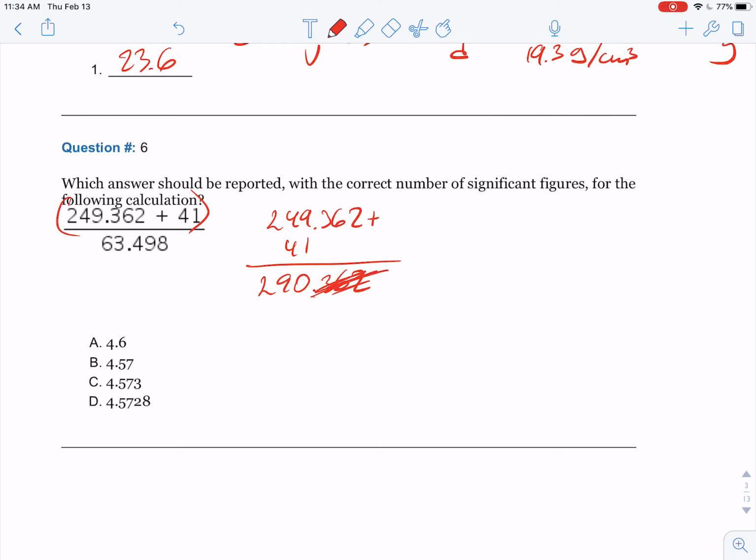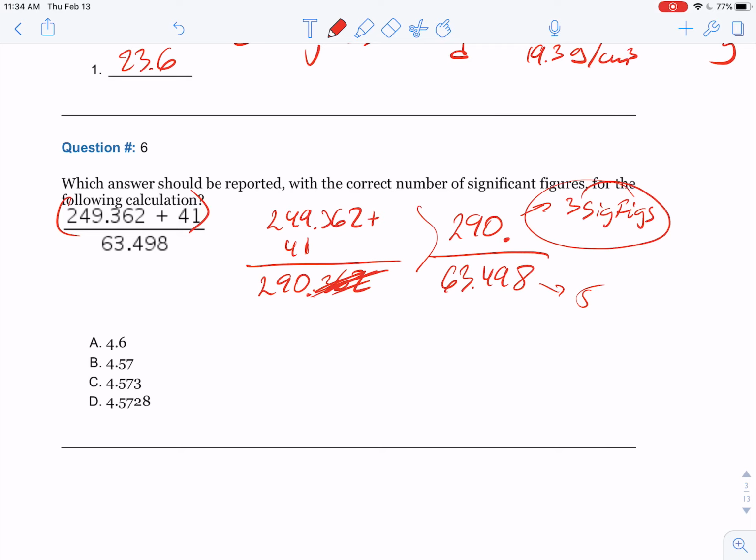Okay, so what you get out of this is 290 point, and then you divide that by 63.498. So this is 3 sig figs, this is 5, so you keep the 3, so the answer has to be B.